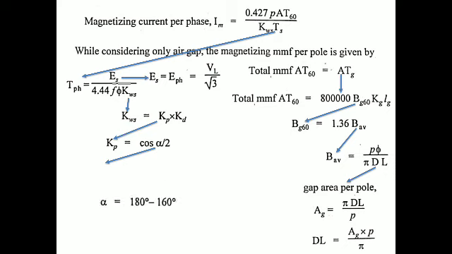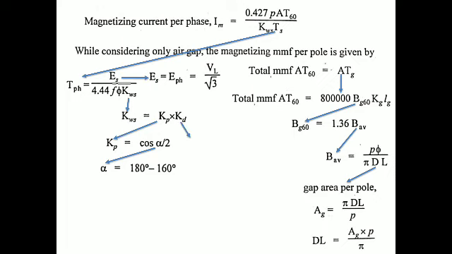Here alpha is calculated by subtracting the coil span from 180 degrees. The coil span is in the data, so 180 degrees minus 160 degrees. With this you get one value, so substitute that to calculate K_p.